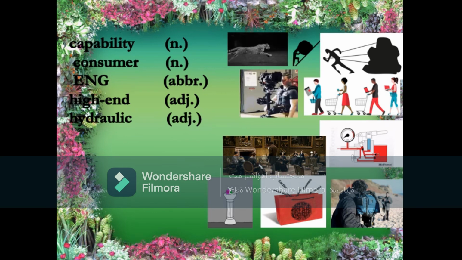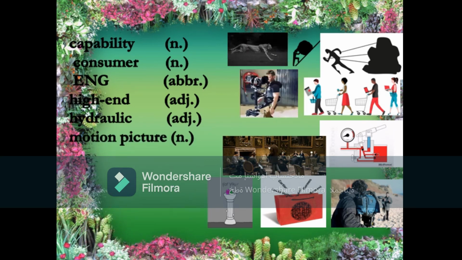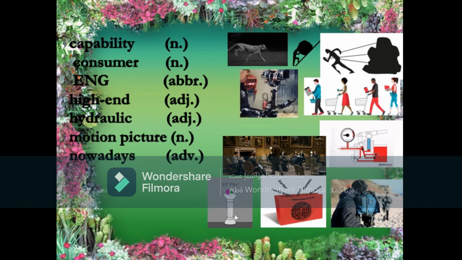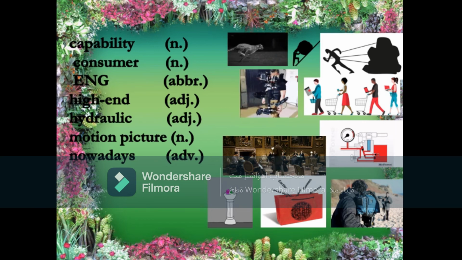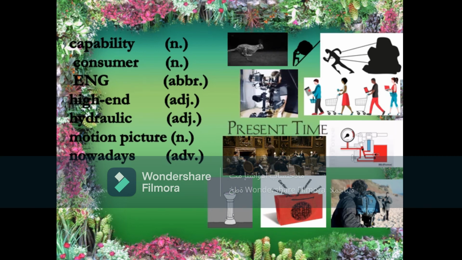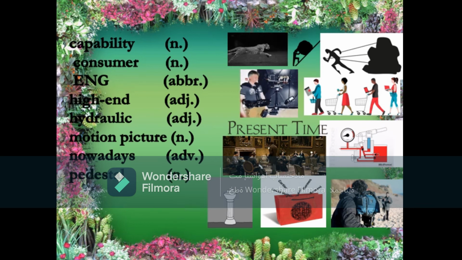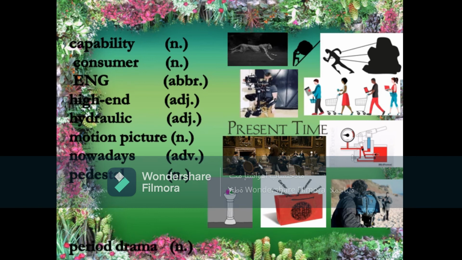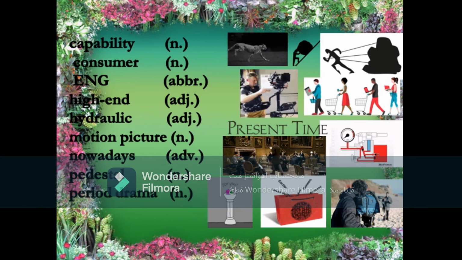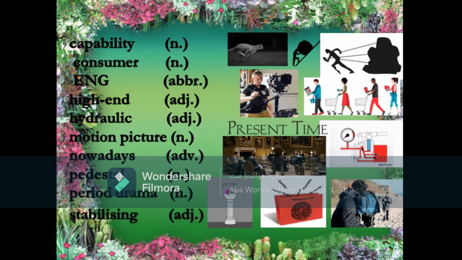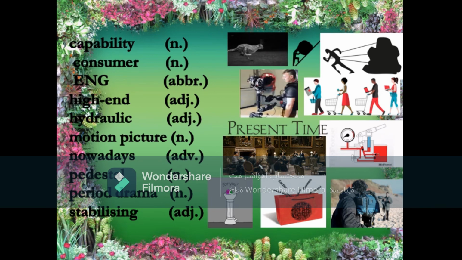High-end. Hydraulic. Motion picture. Nowadays. Pedestal. Period drama. Stabilizing.